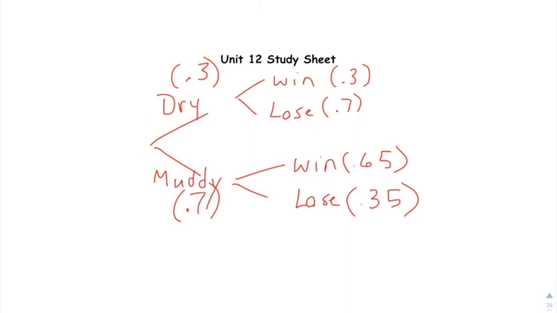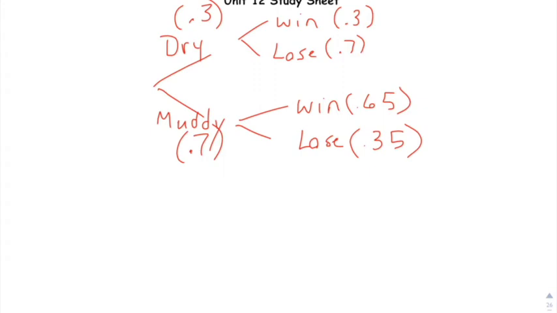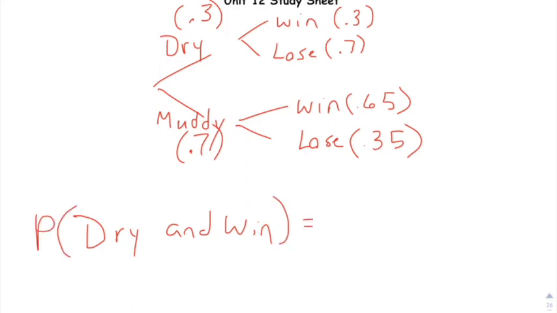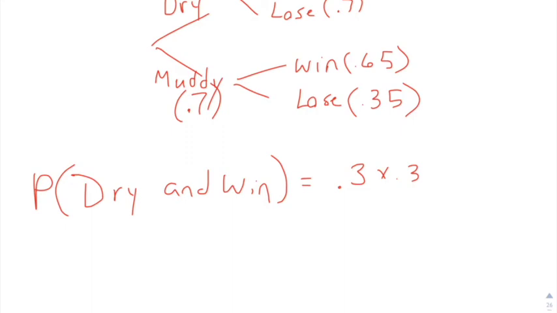And then after that, we'll take all of that information and start figuring out the probability that they win, period. So we need to figure out the probability that it's dry and they win. To do that, we take those two and multiply them. It's a 30% chance that it's dry, and a 30% chance that they'll win if it's dry, so that would be 0.09.